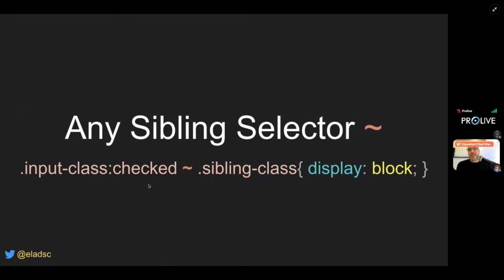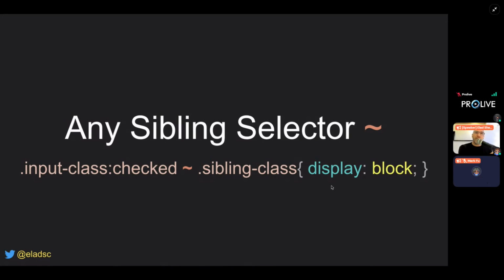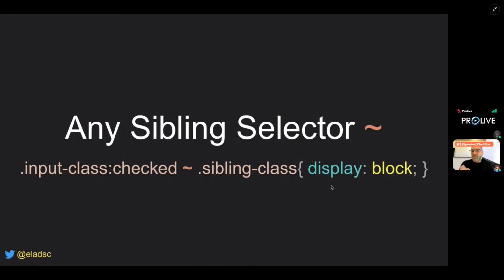And if there is, I can use the sibling selector to select any sibling element that comes after. And I can give it display block or display none, and in this way, I can show or hide other frames of the game. And this is exactly what I'm doing in my real game.